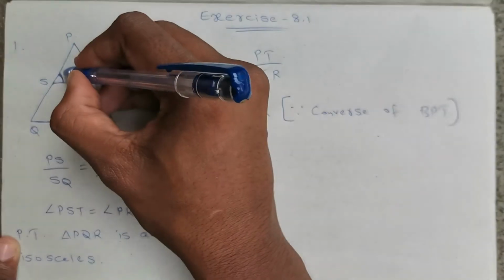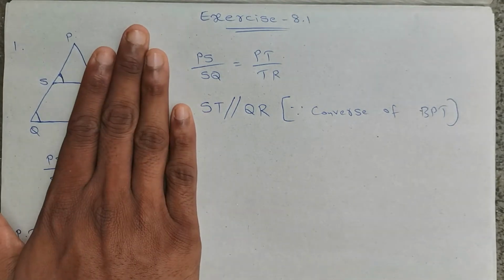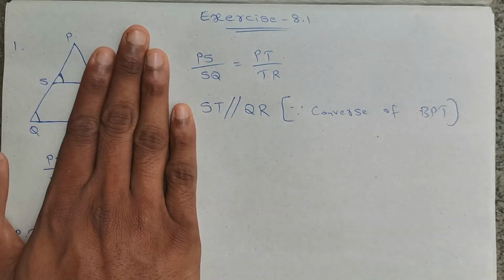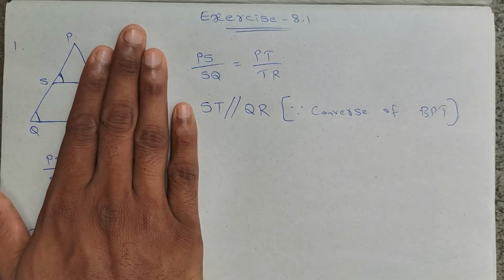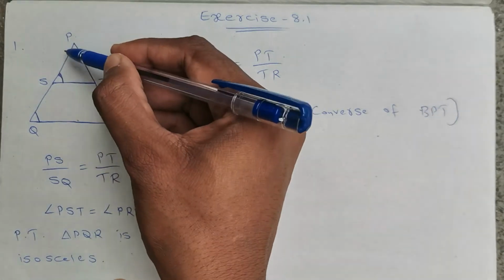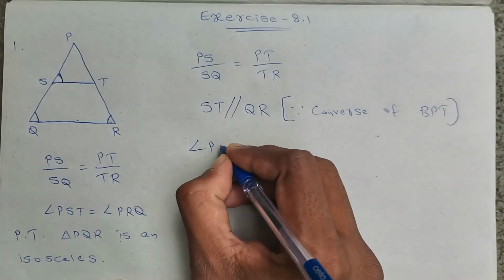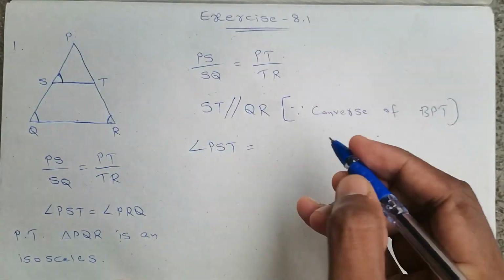Then what about these angles? If we observe these two angles clearly, those two are parallel lines and those two angles are corresponding angles. So corresponding angles are always equal to each other. So we can write angle PST is equal to angle PQR.